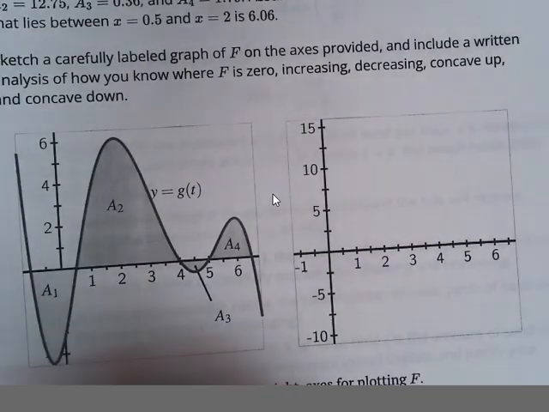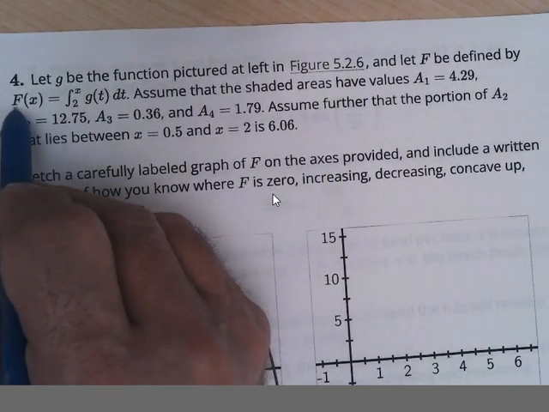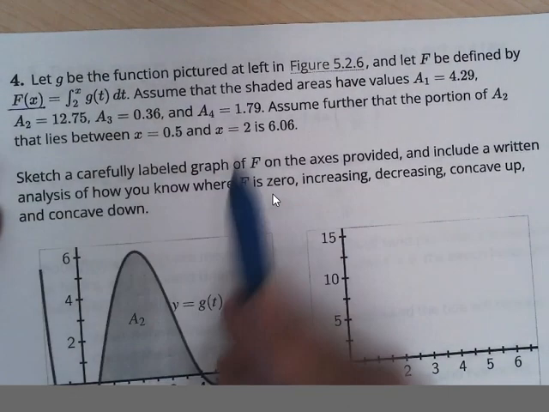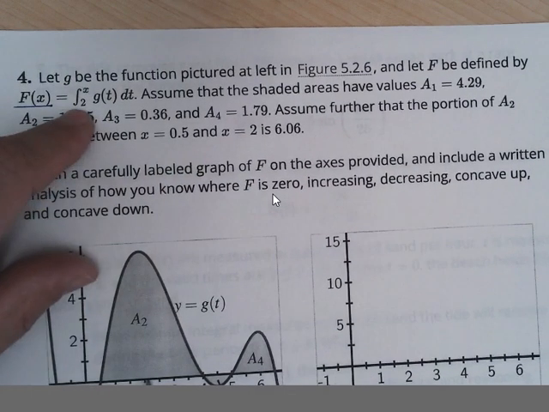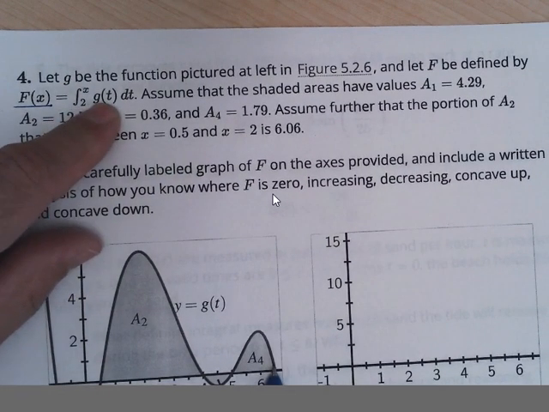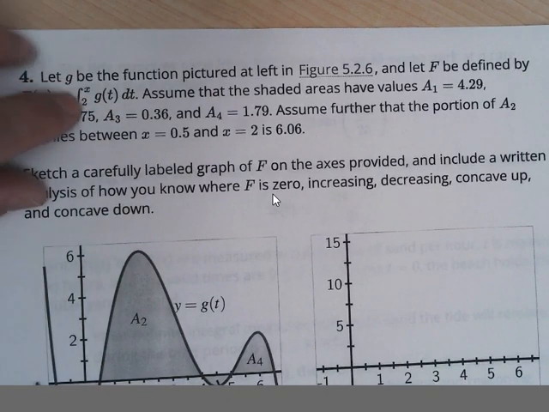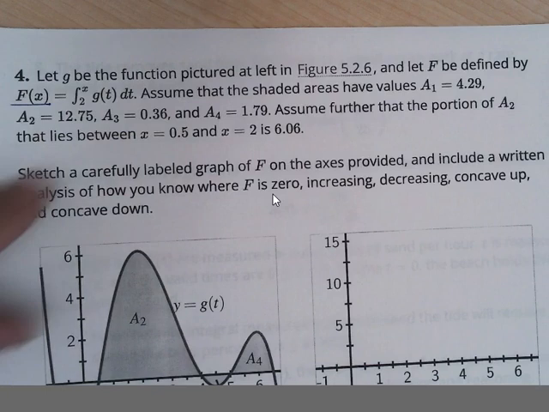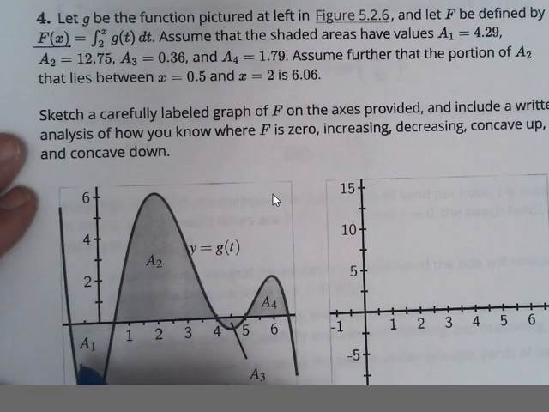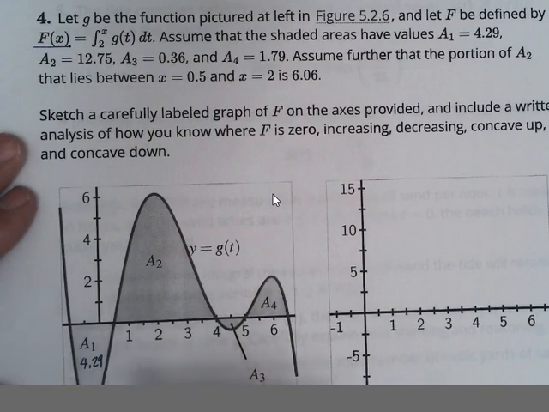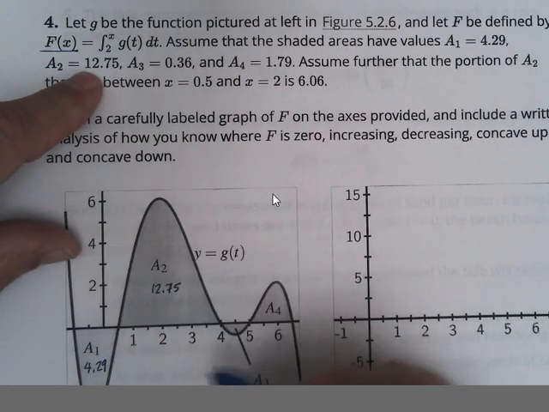Number 4. So f of x is adding the area from 2 on under this curve. So if we go backwards, we'd be subtracting off because the limit would be backwards. Okay. And it says this area is 4.29. This area is 12.75.